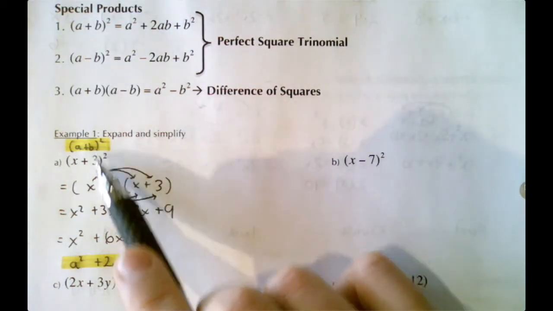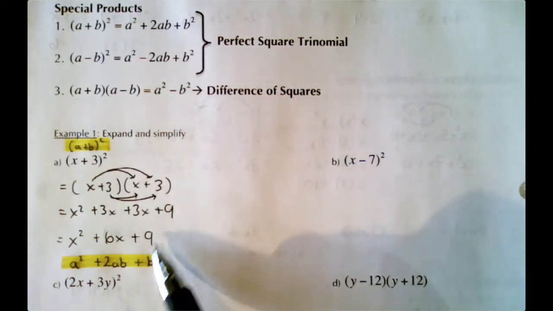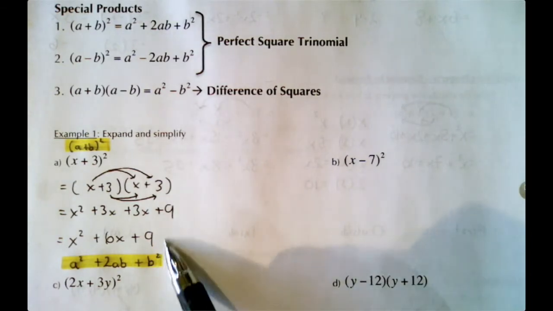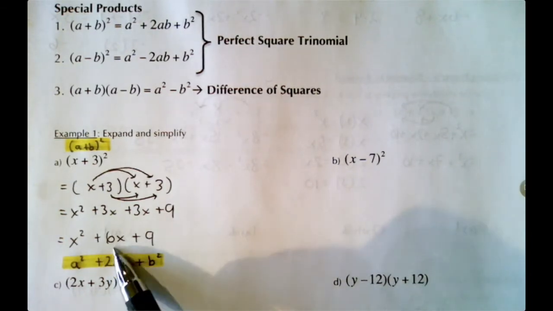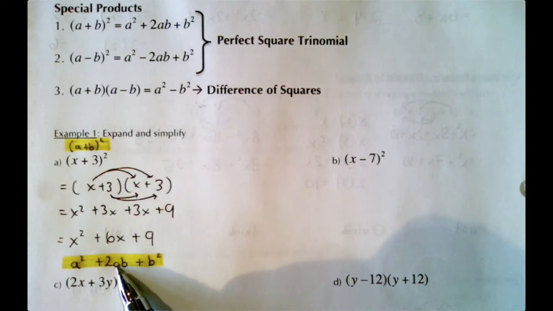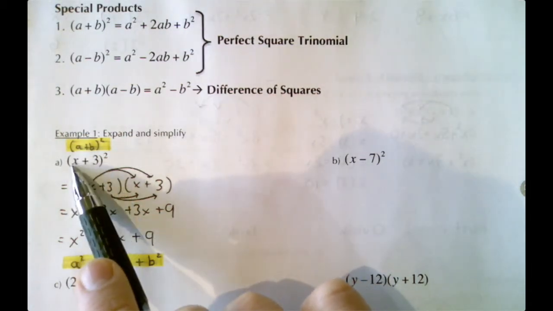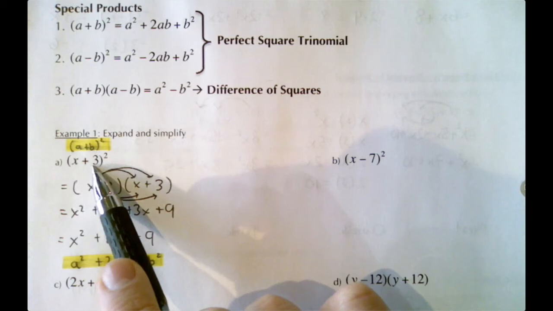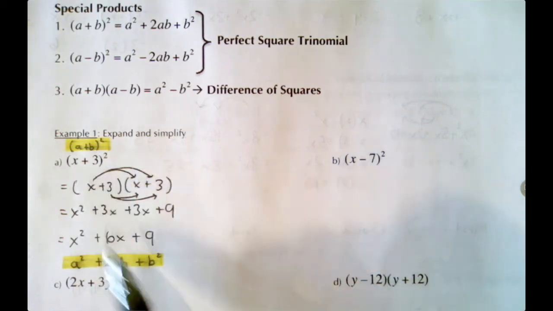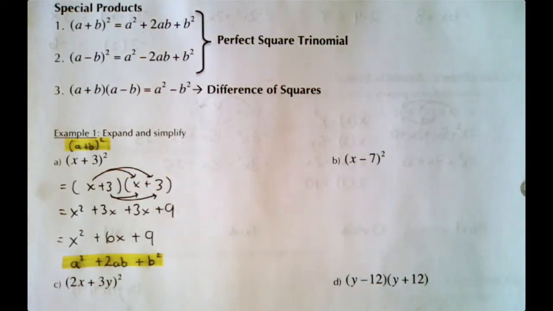Well, if b is 3, 3 squared is 9, it follows the pattern. Now the middle term has to be 2 times a times b. So let's see if we can do this. Remember, a is x, so 2 times x is 2x, times b, 2x times 3 is 6x. So it follows the pattern.